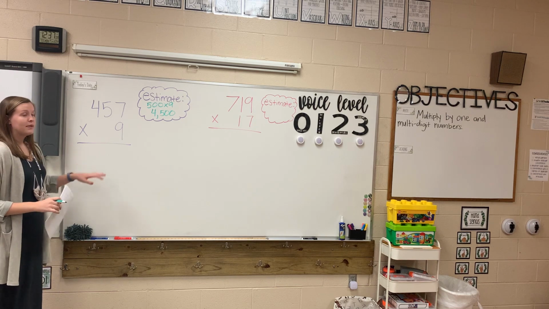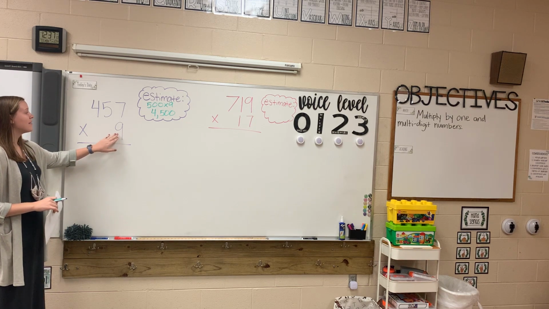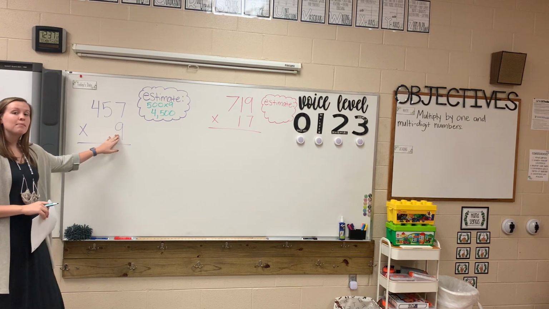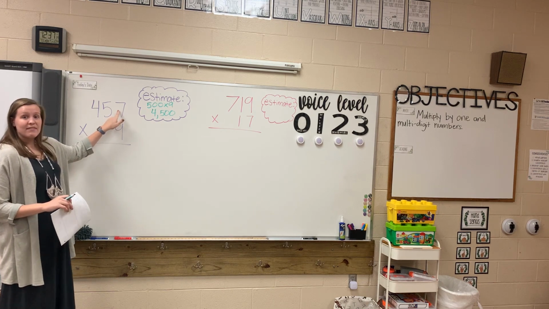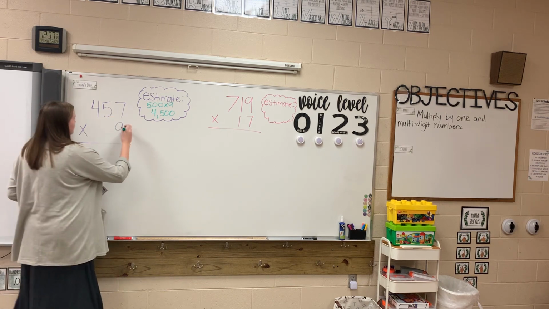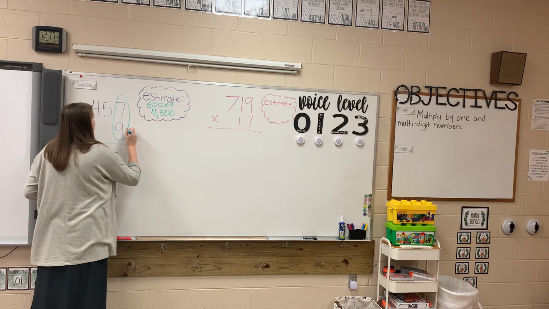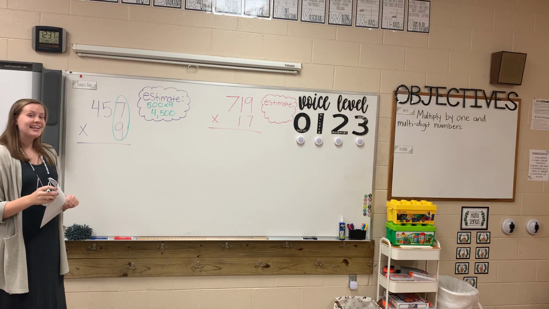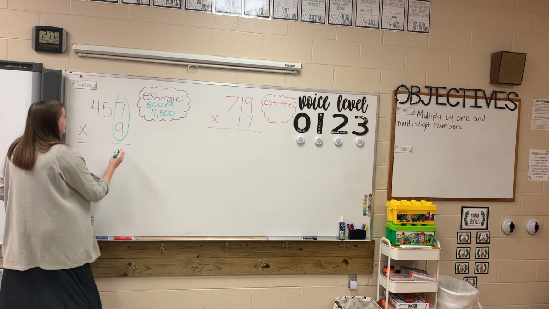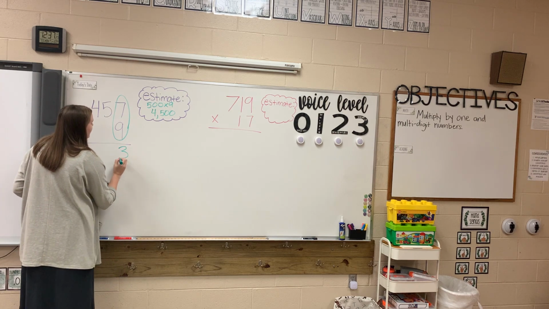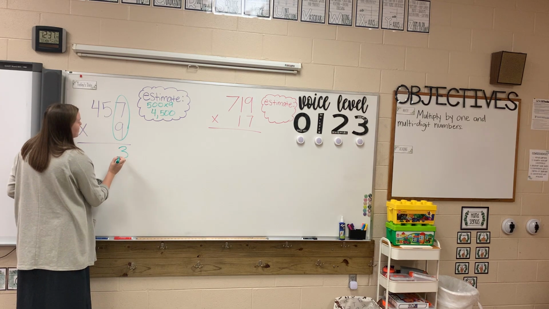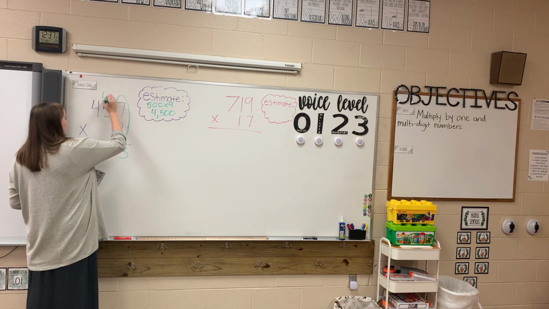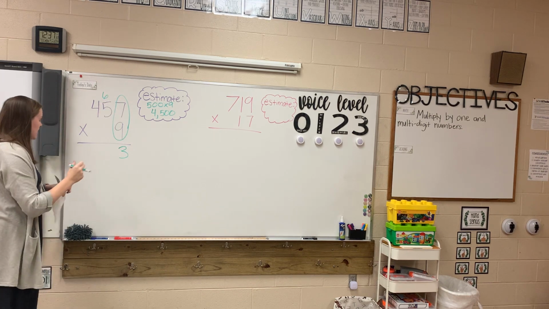So our first step is we're going to start with our 9. We have 9 ones, and we're going to multiply that by our 7, which is also in the ones place. So we're going to multiply 9 times 7, and we're going to get 63. So we will drop our 3 into the ones place, but we have to bring that 6 right up here.